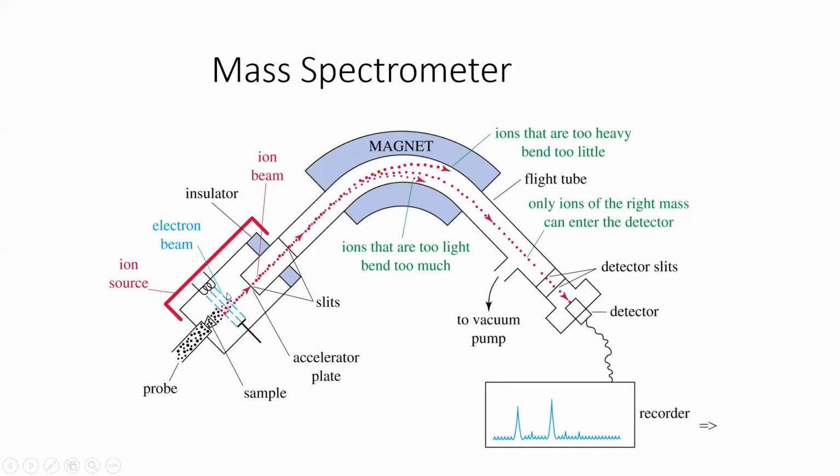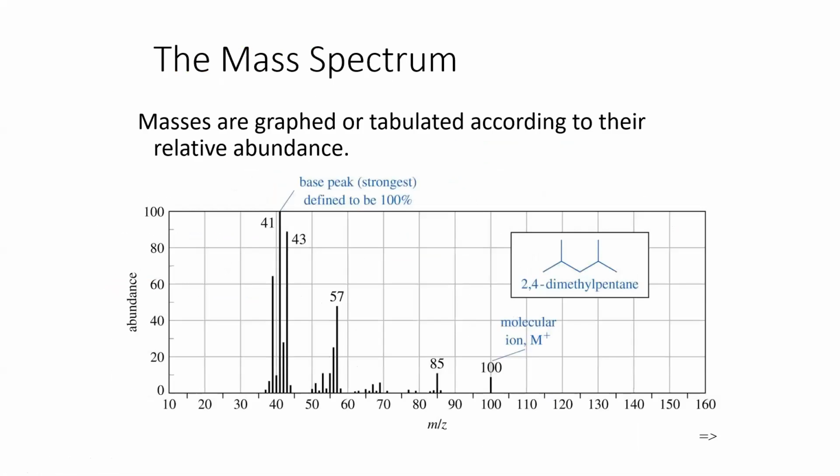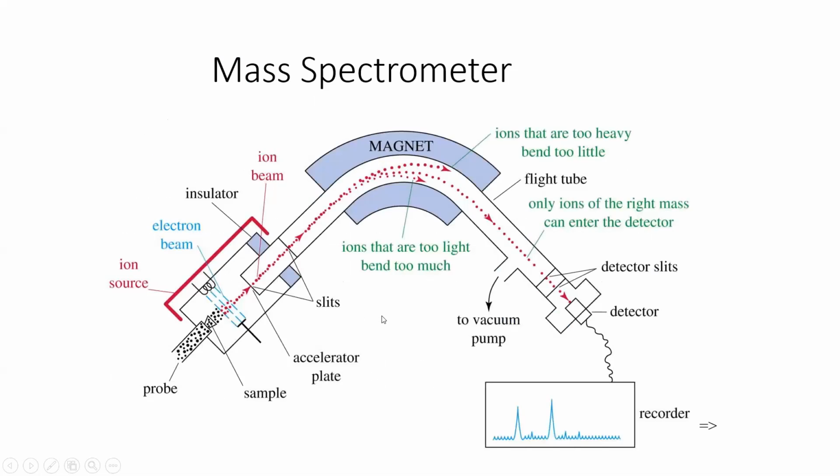Remember that when fragmentation occurs, you have different M over Z values of these ions. The very light ones will travel faster than the heavy ones because the fragments have different masses. If you look here, we have fragments with a mass of 100, 85, 57, 43, 41, and they will not travel at the same speed because they have different masses.